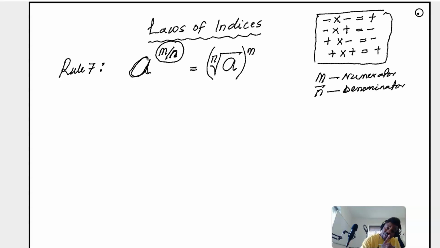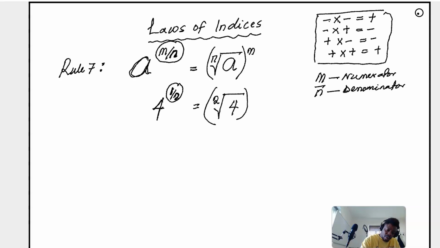So what I'm trying to tell you here is, if I have 4 raised power 1 over 2, you can see here, this is a fractional power. My 1 is my numerator, my 2 is my denominator. So the rule is telling you that the denominator, which is 2, becomes the root, square root. The base, which is 4, goes into the root.